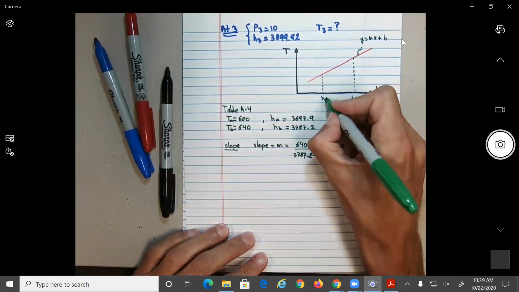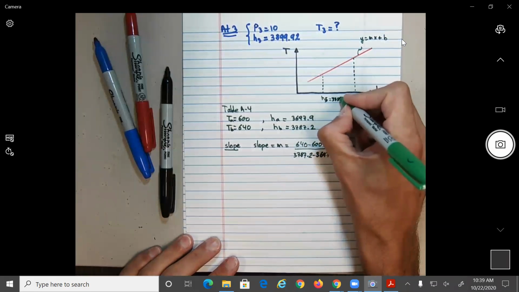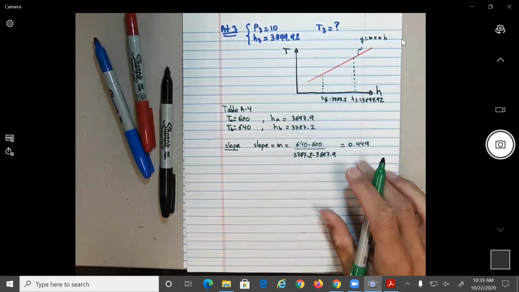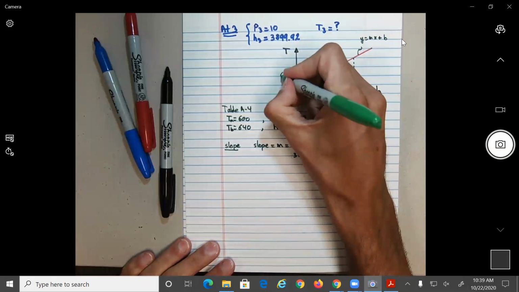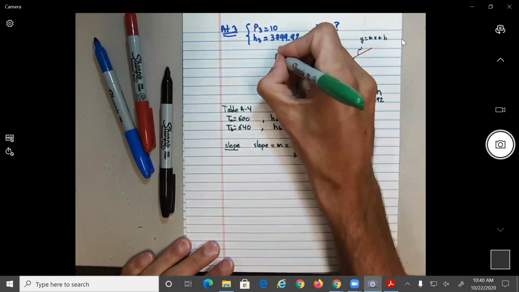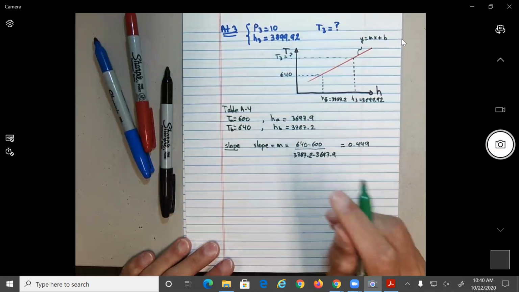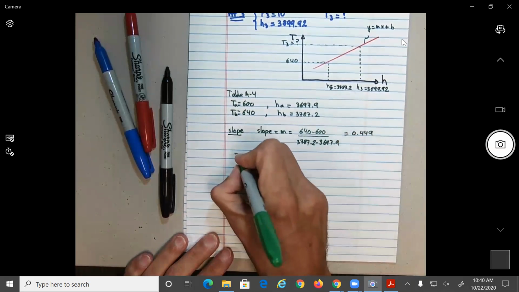This is our h sub d, which is 3,787.2, and the T here is 640. We're trying to find T3. So T3 will be equal to what?